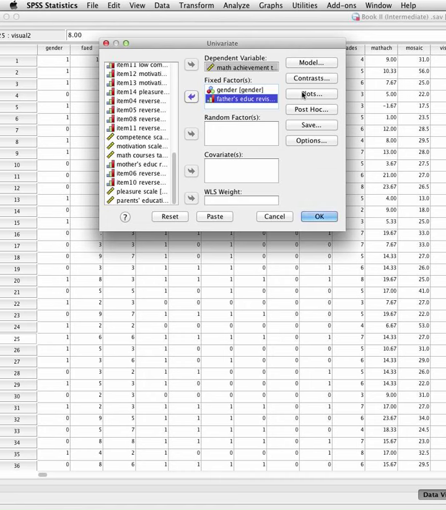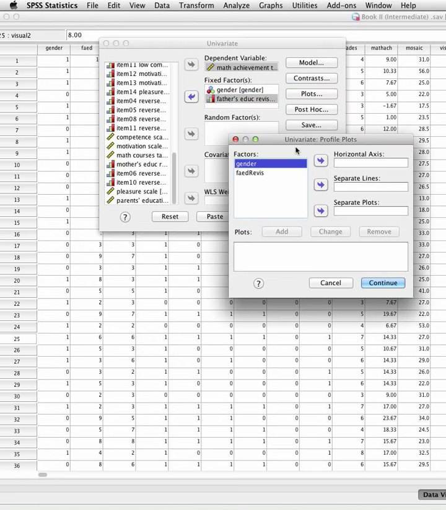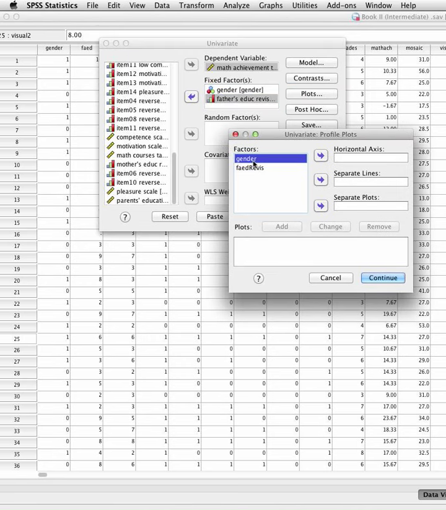Then, in terms of what we want on our output, we want to have the plots. And in this case, we're going to put gender on separate lines and father's education revised on the horizontal axis, so that we have males and females being compared on mean math achievement scores based on their levels of father's education. And then we'll add that.